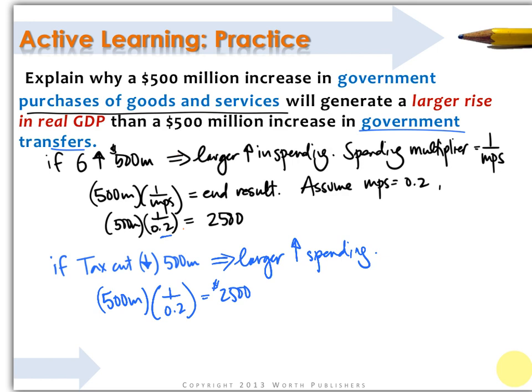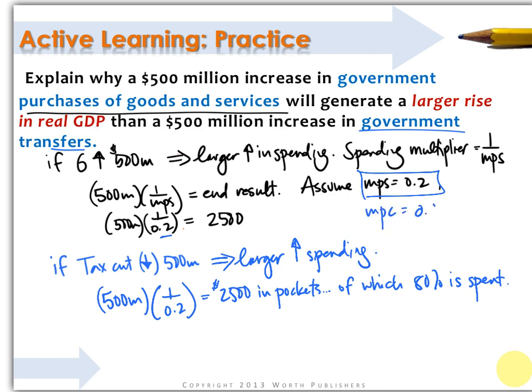In fact, $2,500 in pockets, of which 80% is spent. How do we know 80%? Because we know that MPS is 0.2, so the MPC must be 0.8. In other words, if we're spending 80% and saving 20%, a tax cut or transfer increase of $2,500 is only going to be spent to the tune of 80%.